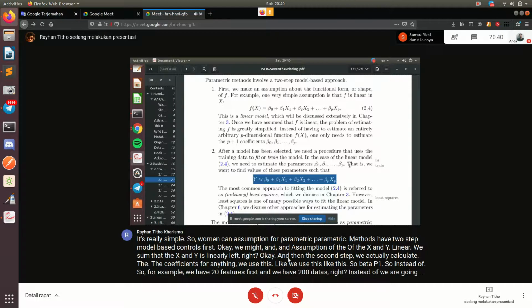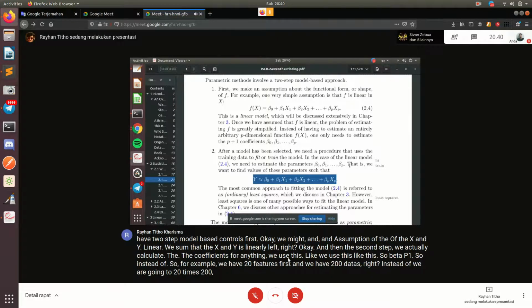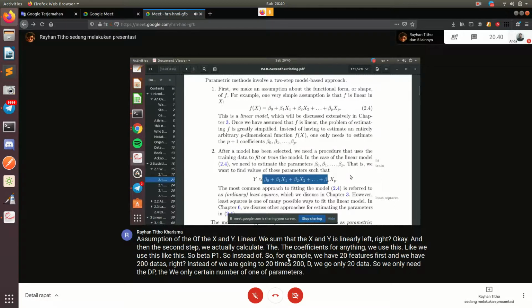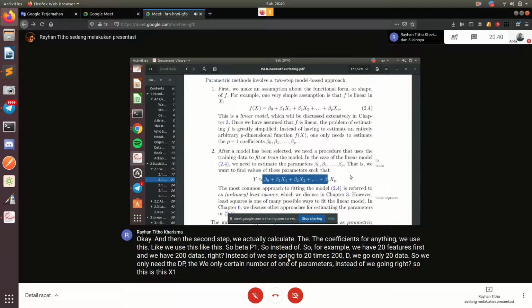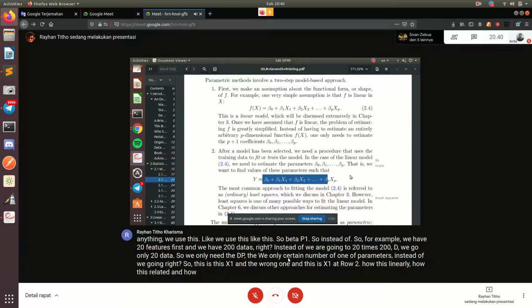Instead of working with 20 times 200 values, we only need 20 parameters. Otherwise, how x1 at row 1 and x1 at row 2 are related and affect the response is complicated.